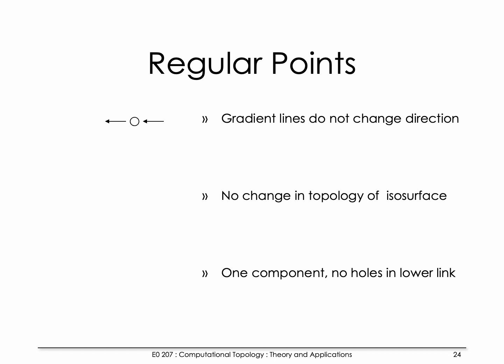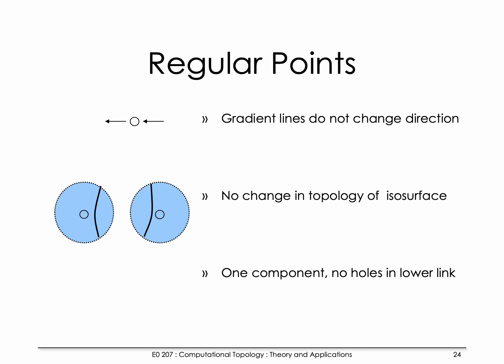So the gradient lines in the neighborhood of a regular point do not change. If you look at the isosurface as it passes the function value of a regular point, there is no change in topology.